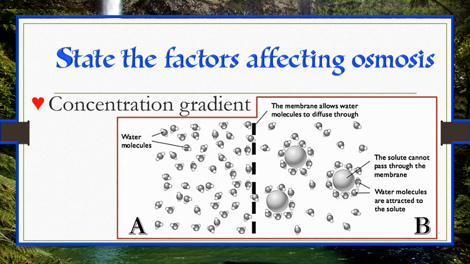So water will move from region A, where there is high water molecule concentration, to region B, where there is low water molecule concentration. So that concentration gradient is one of the factors that will affect osmosis.